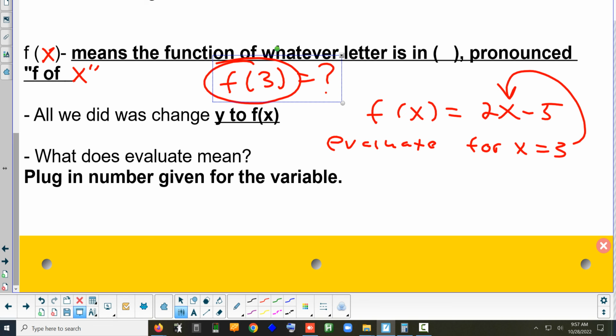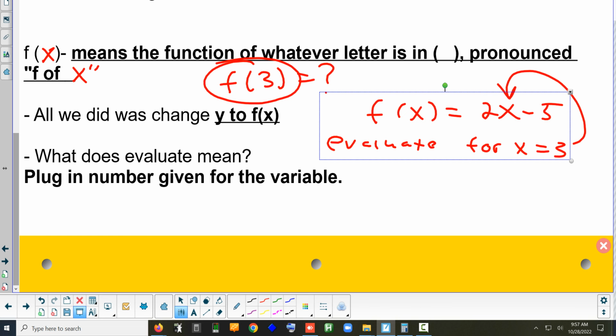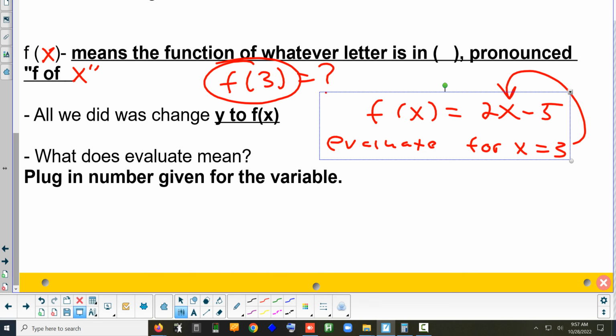So look at the letter they give you, then find that formula. Once you find the formula that starts with that letter, take the number they give you and fill that number in for x. So like in this case, it would be 2 times 3 minus 5, and then you tell me what that answer is. Any questions on that?